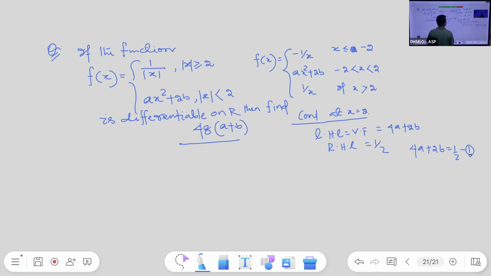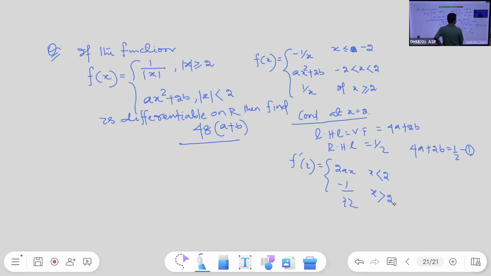We require another equation. It is given that the function is differentiable at x is equal to 2. So f dash x is equal to 2ax if x is less than 2, and minus 1 upon x square if x is greater than 2.